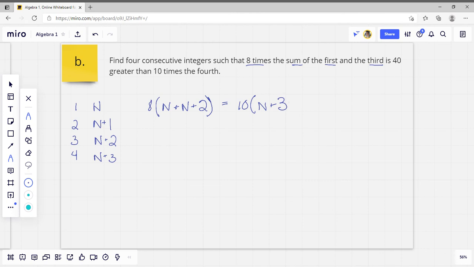Okay, but now I have to figure out where this 40 goes. If this side right here is 40 greater, that means to make it equal, I have to add 40 over here. Alright, now we're just going to solve this like a normal algebra problem. I'm going to cross these out and write 2n right there, because n plus n would make 2n.